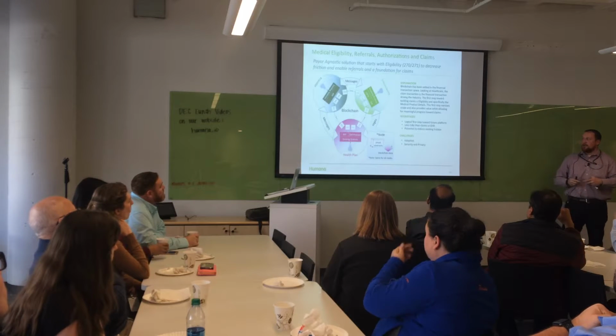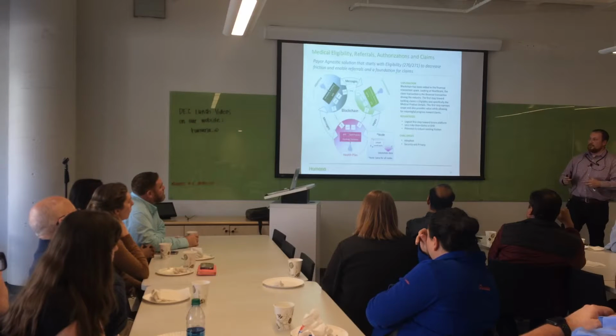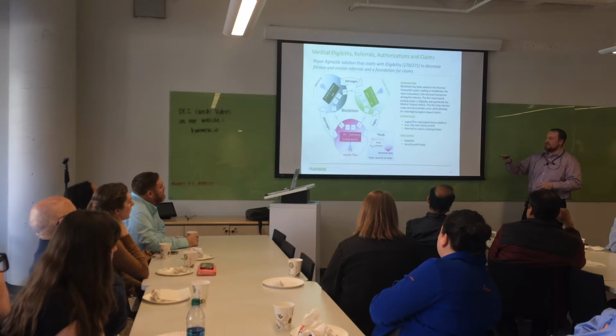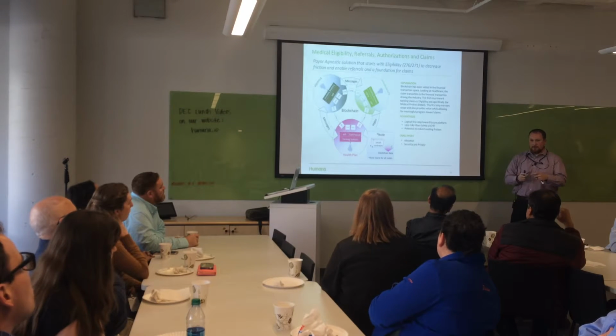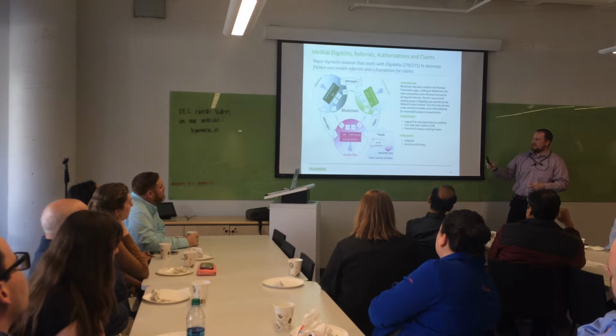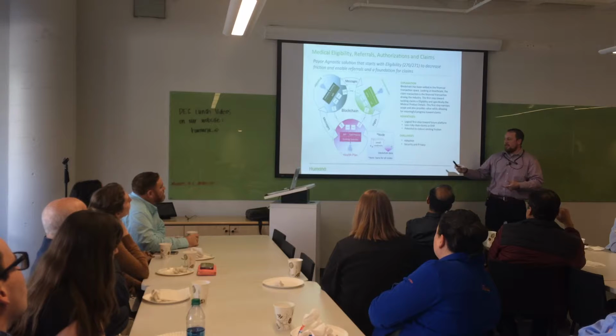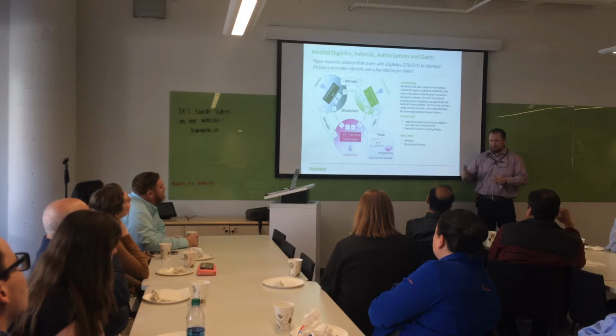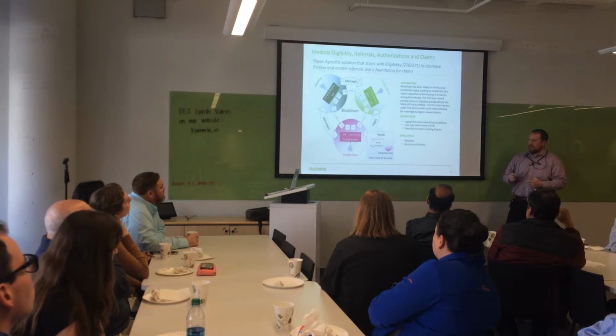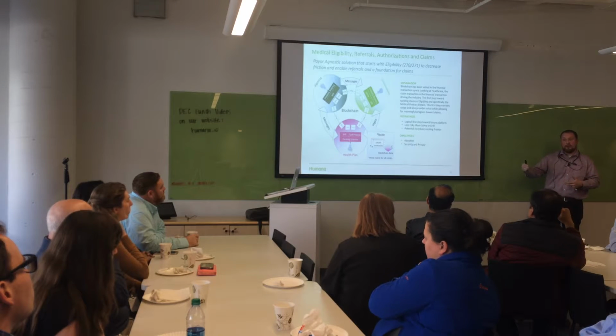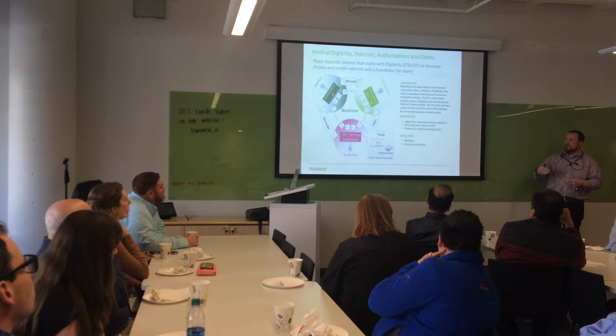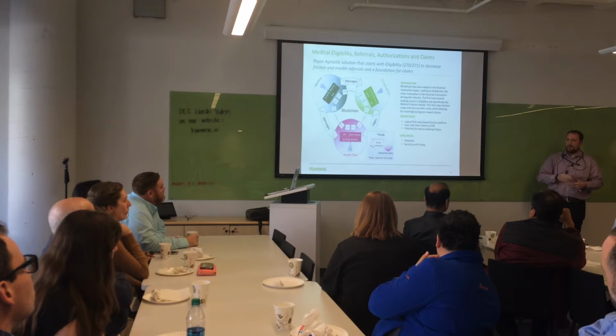The other piece is going to that claims life cycle. Each of the nodes, the nodes being the participants, providers could have them as well as health plans and the government. And then they would have the actual data shared, and that would be your accumulations. And then the contracts being your relationship with that product and that insurance company, as well as the provider relationship with the insurance company.